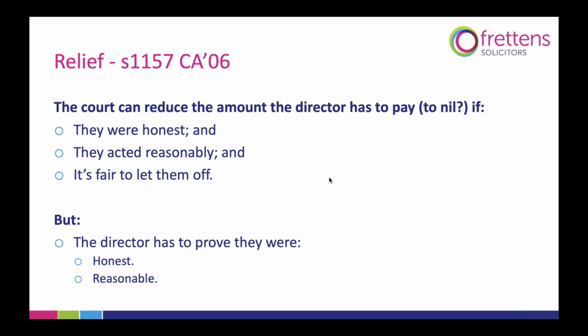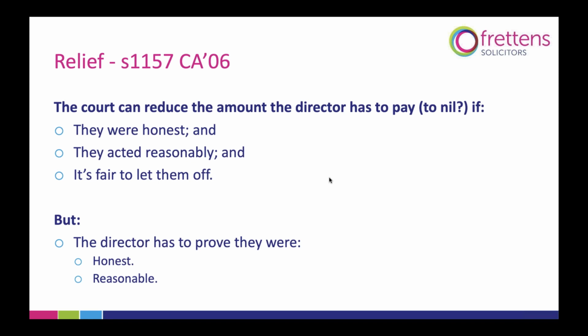The solvency of the company is not directly relevant here, so you don't actually have to prove insolvency. But, of course, there's only a queue of creditors that's worth jumping if the company is insolvent. So in that sense, you are likely to have to prove insolvency. And again, the time period is irrelevant, but you have a general 6-year limitation period.